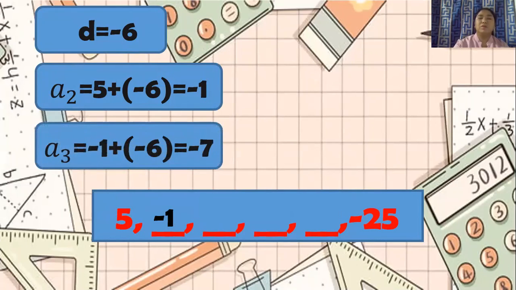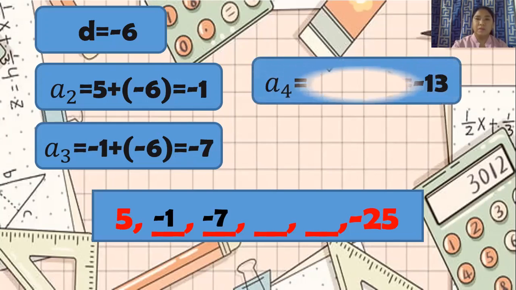Next, what about the third term? We have negative 1. Dahil nakuha na natin yung a sub 2, siya naman yung i-add natin sa negative 6 in order for us to get the third term. Negative 1 plus negative 6 is equal to negative 7. Therefore, the third term is negative 7.